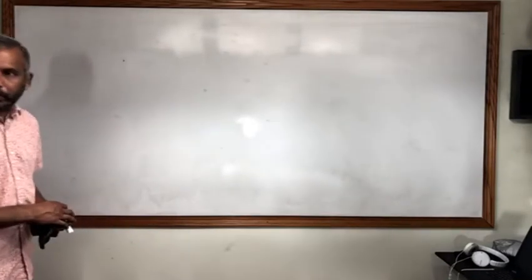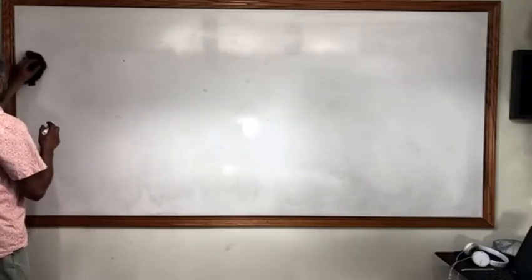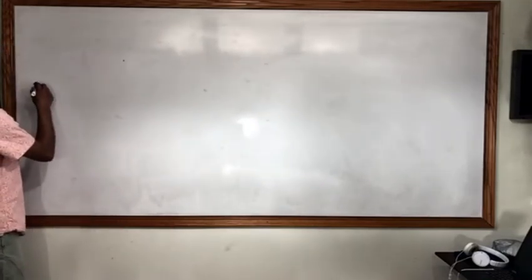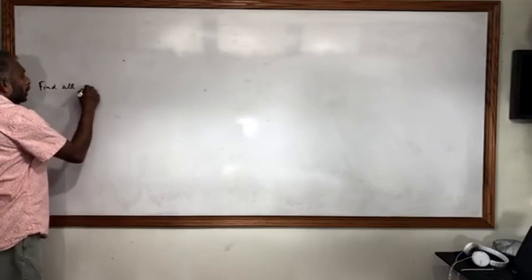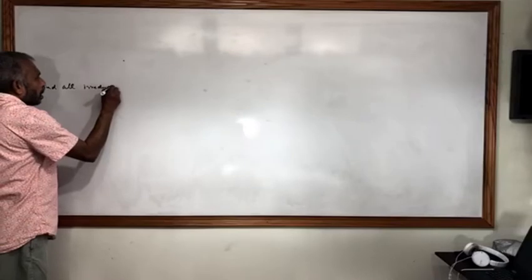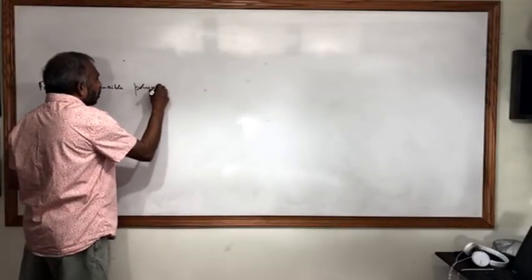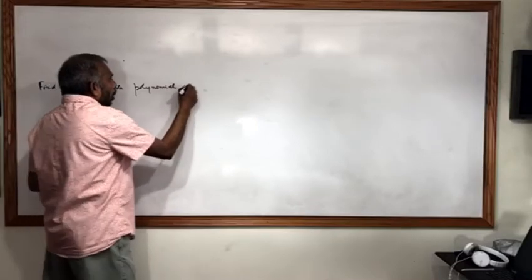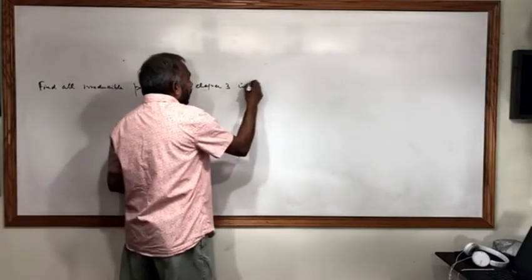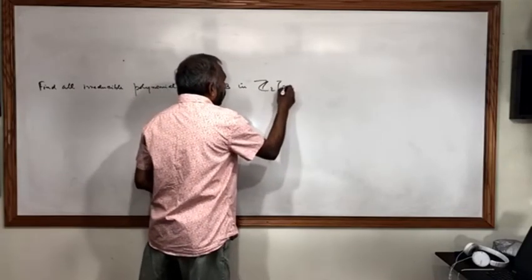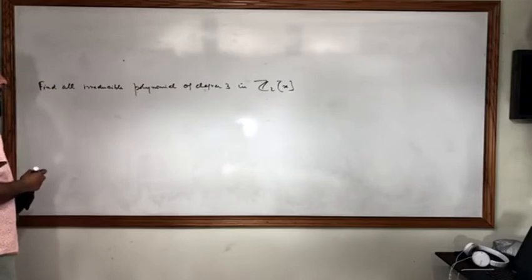We'll do one more problem using this result. Find all irreducible polynomials of degree 3 in Z2[x].